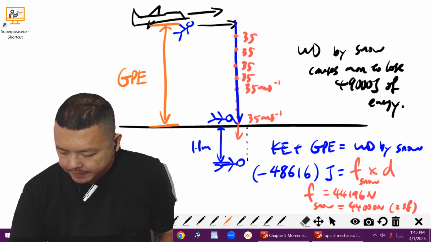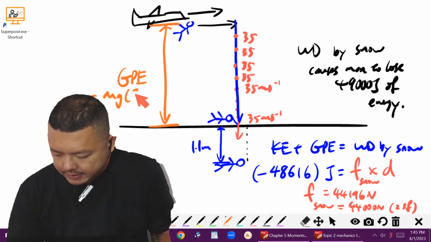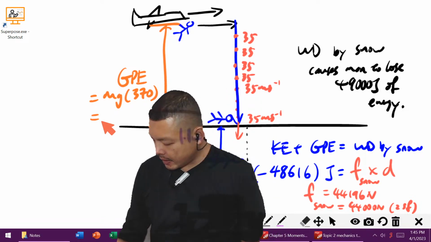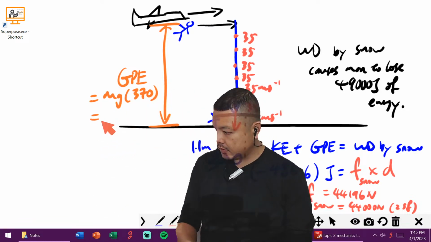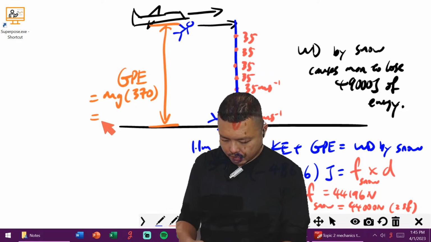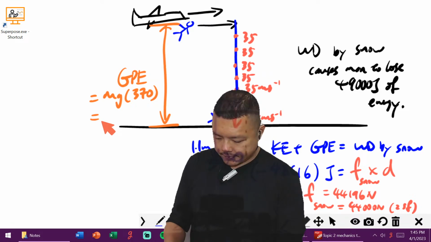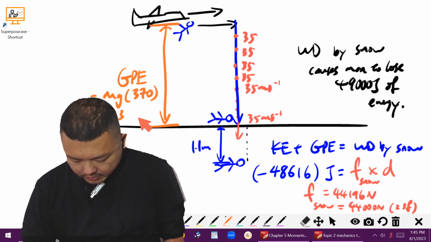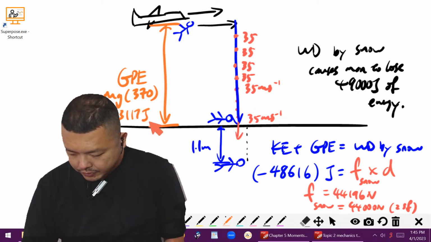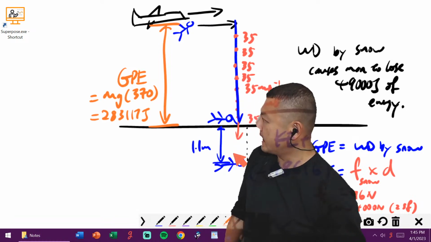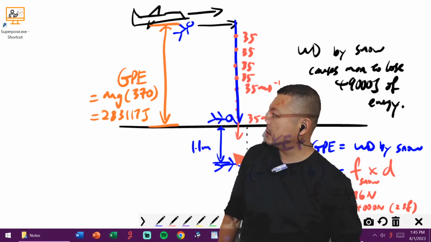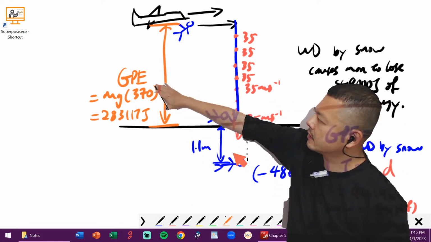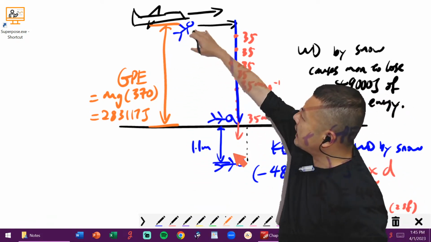So it will be mg times 370. Okay, mg times 370. How much is that? $283,117 joules. That's the amount of GP that he would have had, right?